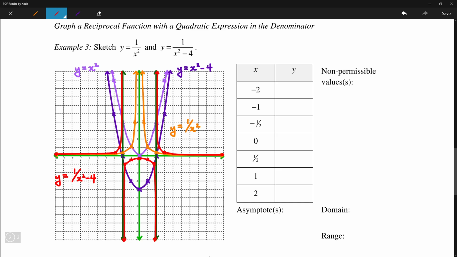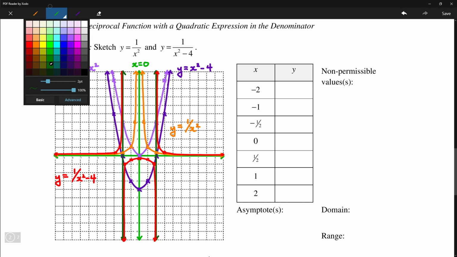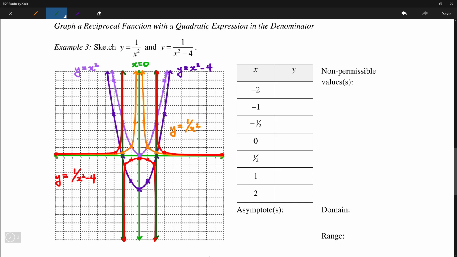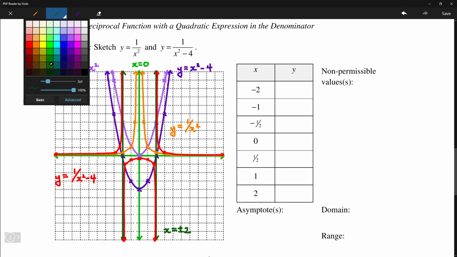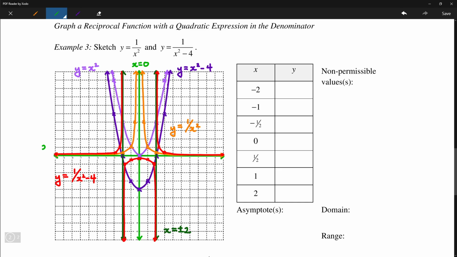And the other calculator that we use is green, so there is the asymptote x equals 0, and then there's a second green that we use, x equals plus or minus 2, is the vertical asymptote for the second graph. So a little bit more complicated, but hopefully we can clear this up by looking at it on Desmos and also using a table of values.